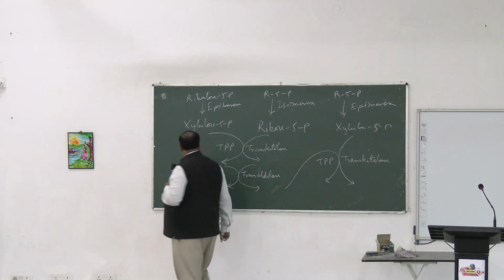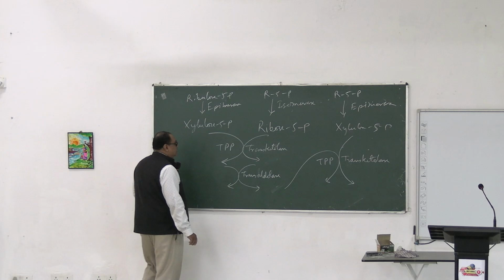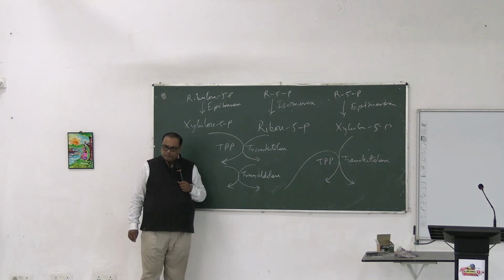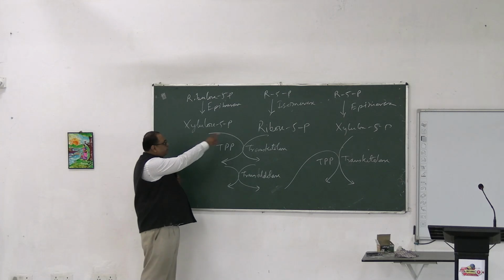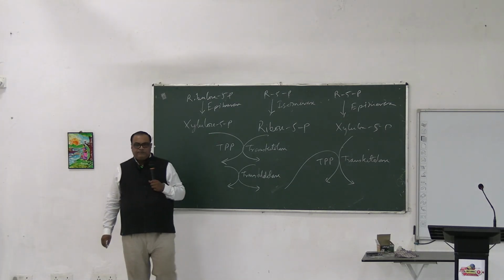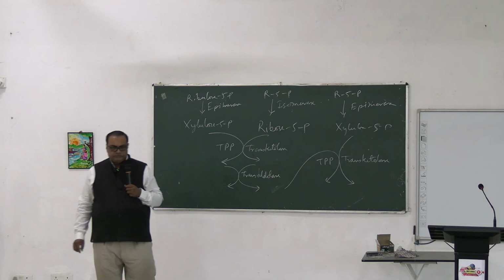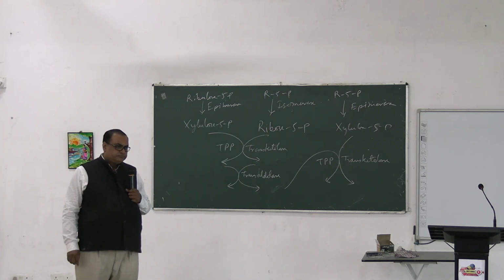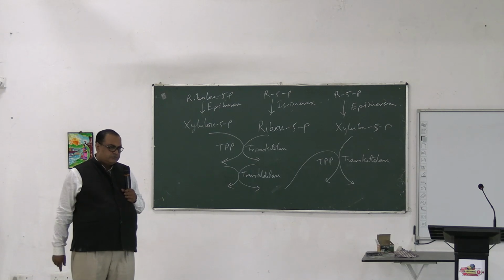Now, transketolase. Trans means transfer, keto group. So there are two 5-carbon compounds. Which one has the keto group? Ulose, or keto sugar.